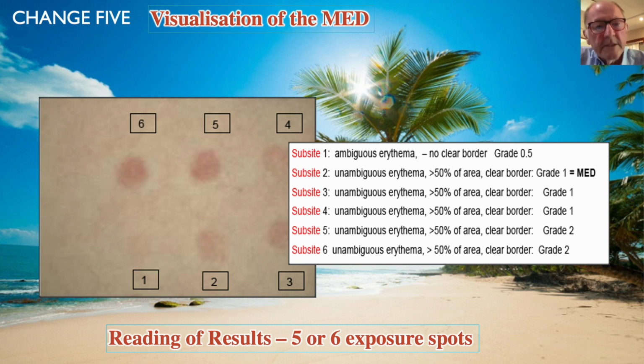And I hope you can see in this slide here that there's slight erythema at 0.1, which is half a grade of an MED, but the endpoint for this example is actually 2, where you can see there's much more discrete example of the endpoint. And beyond that, obviously, we're looking for the slight overdoses from increased challenge of the amount of UV light that we apply to each spot in the experiment.